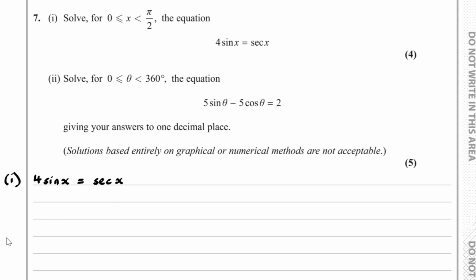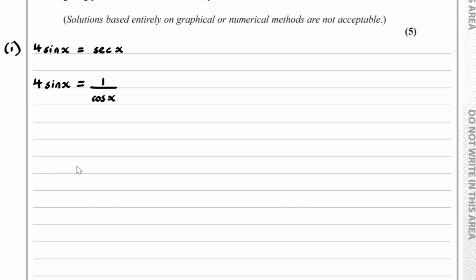Now sec x is the same as 1 over cos x. So we have the equation 4 sin x equals 1 over cos x. And if I multiply both sides by cos x, we have 4 sin x cos x equals 1.